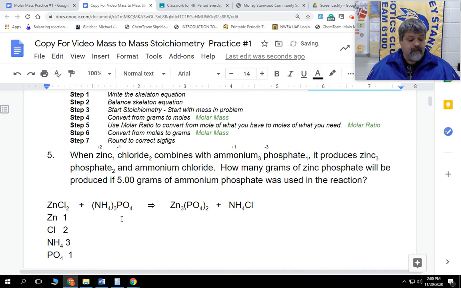On the other side, let's go ahead and go to the other side. We have zinc also. We're going to go ahead and put down our chlorine, and we'll put it in this order. And the reason we're going to put it in this order is so they stay across from each other. NH4. And our next one is going to be PO4.